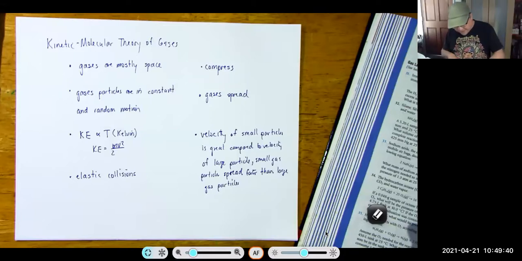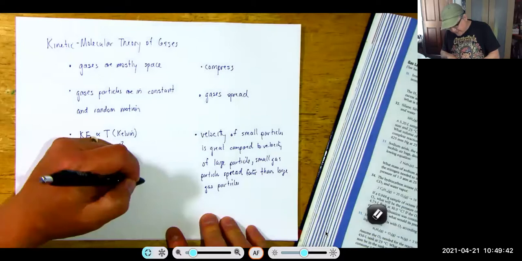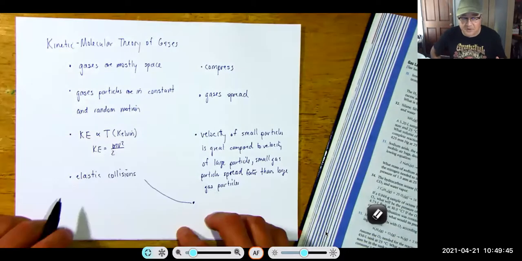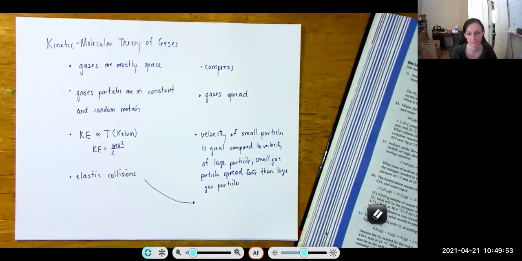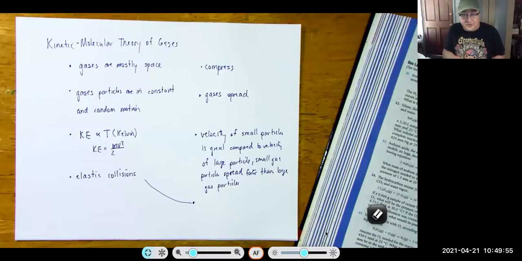So for elastic collisions, that means that gas particles essentially stay as gas particles. They don't become liquids. So the energy stays the same? Right. Well, as long as you keep the temperature the same.